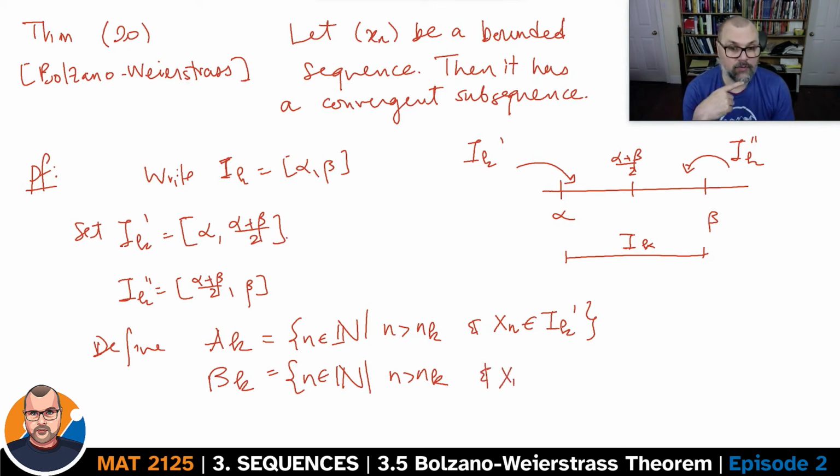For the other one, it would be the indices greater than n_k which belong to the interval I_k double prime. Now it's impossible for both of these sets to be finite, right? If both of these sets were finite, A_k union B_k would be finite, and we would just have a finite number of terms in the sequence in there, but that's not possible. It's not the way it's been defined. So they cannot both be finite.